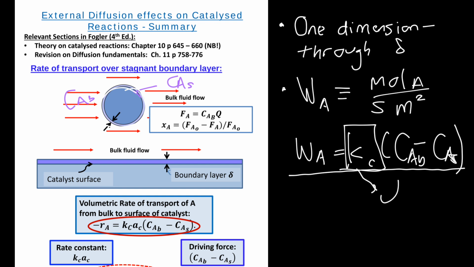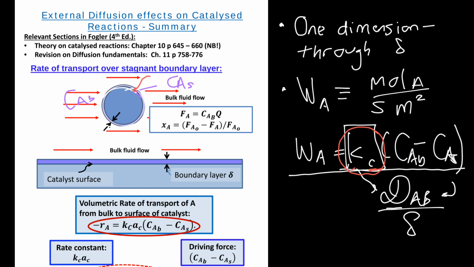The first is the rate of molecular diffusion of A as it diffuses through the mixture that constitutes that viscous boundary layer, divided by the thickness of the boundary layer itself. For this rate constant we use the subscript C, k_c, to denote that we are talking about the external diffusion rate to that catalyst surface.